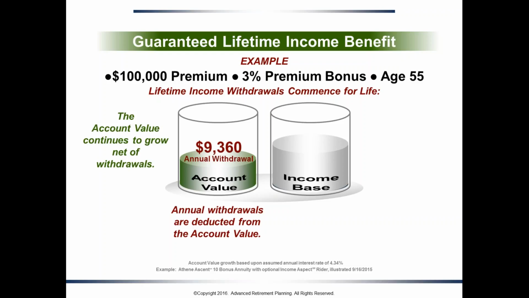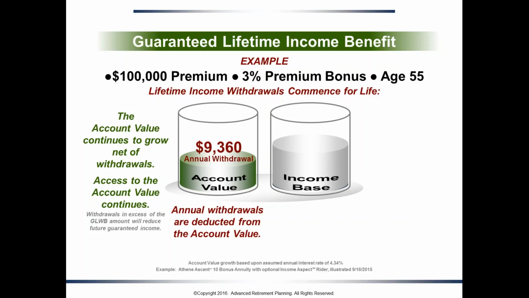So whatever we had there, 144,000 some odd, we're going to pull out 9,360, and then whatever's remaining in there will get credited with interest next year. This happens every single year. Account value access continues. So as long as they don't pull more than $9,360, or the amount of that withdrawal, out of their account every year, then they're guaranteed that for life at that level.